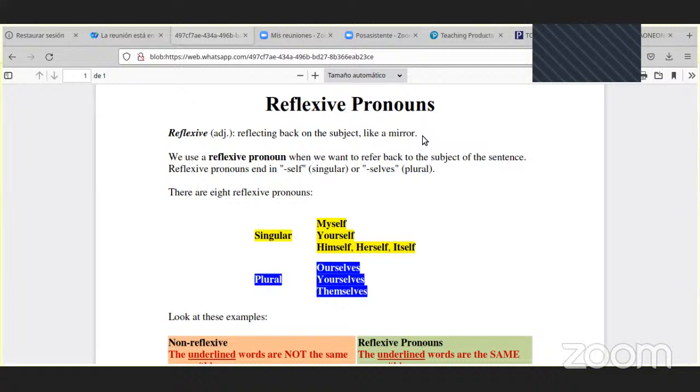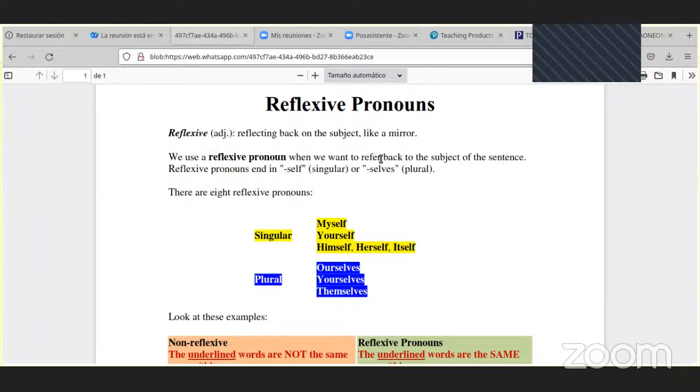Why? Because it says here, we use reflexive pronouns when we want to refer back to the subject of the sentence. It means, for example, if you did something without help, you did it alone. So that is the reflexive pronoun.